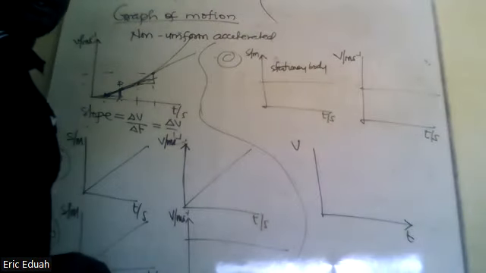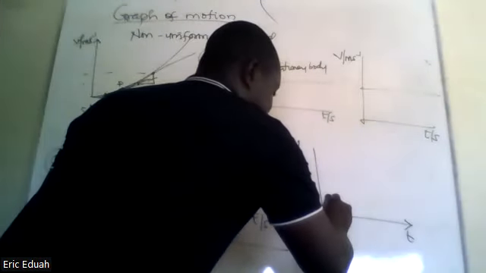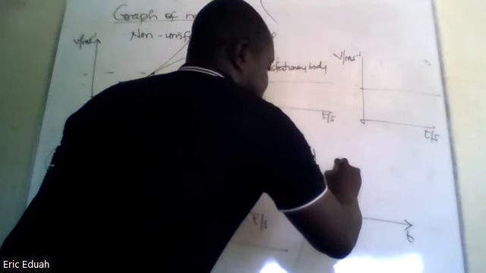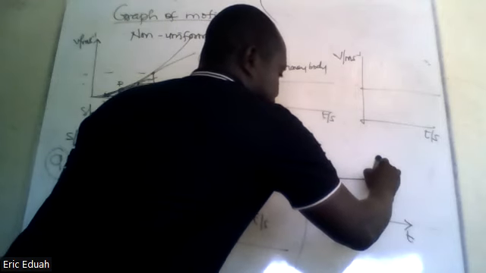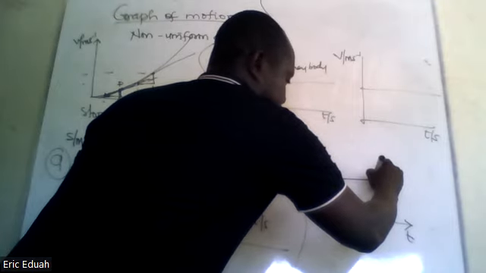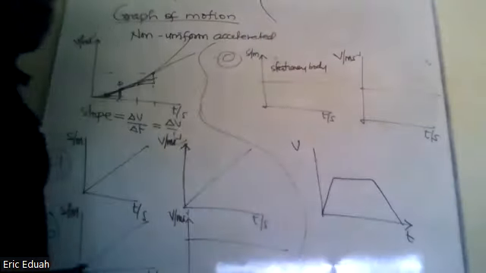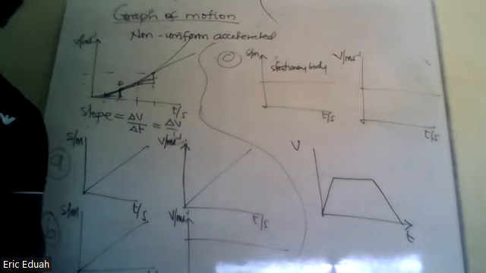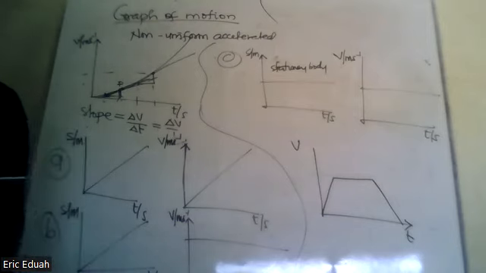I have this velocity time graph, and the motion is like this. Help me describe the motion. What is happening?